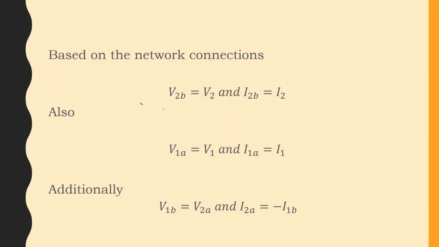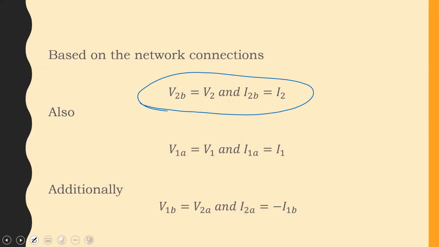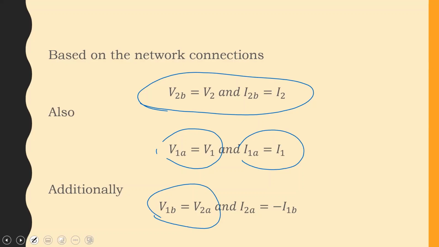So, just reiterating, V2B is equal to V2, I2B is equal to I2, V1A is equal to V1, and I1A is equal to I1. And then V1B is equal to V2A, and I2A is equal to minus I1B. So these are the key substitutions that we are going to make.